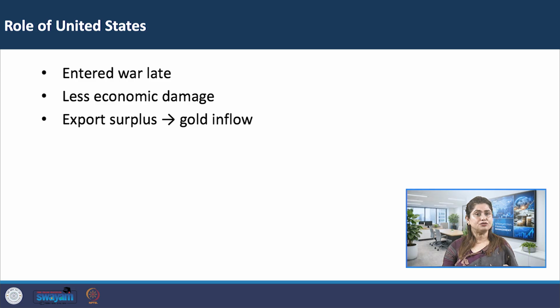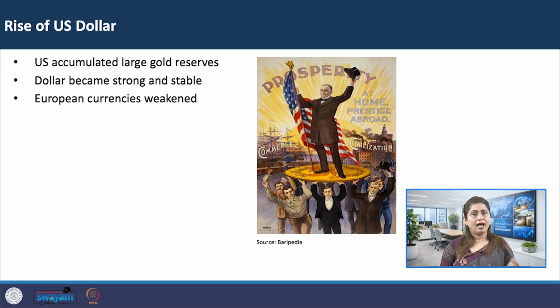It was able to sell goods and weapons to the nations who were engaged in the war. As a result, gold started flowing into the United States. The US accumulated large gold reserves and its currency, the dollar, became stronger.